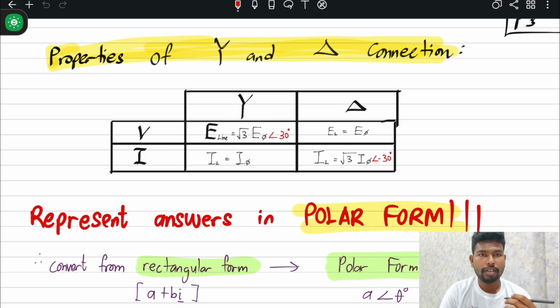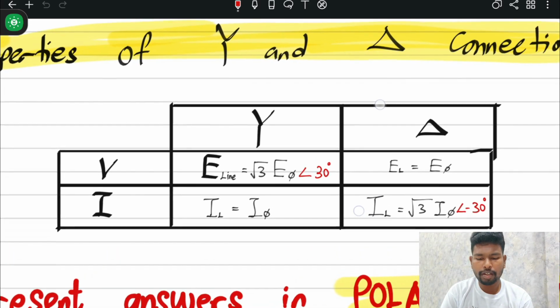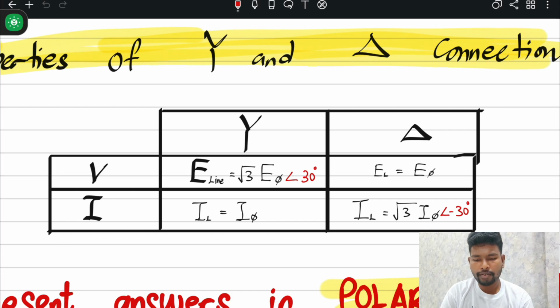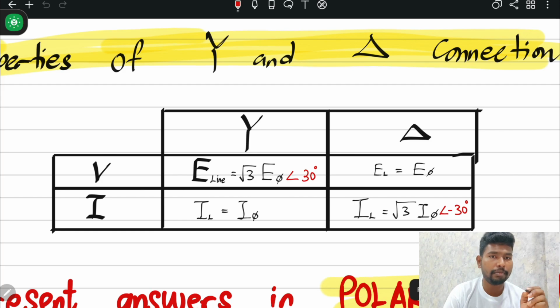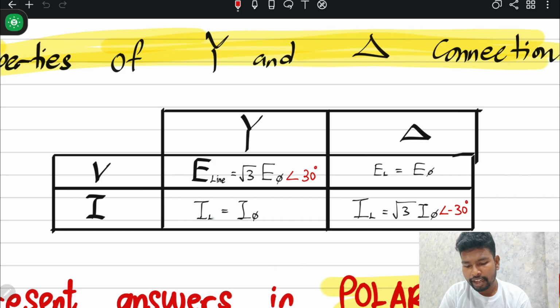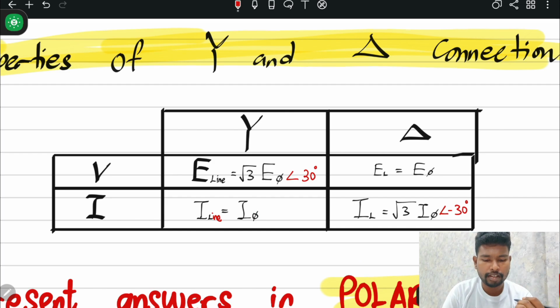Alright, so if we look here, look closely, for the Y connection or the star connection, the voltage E line is equal to square root of 3 times E phase with angle 30 degree. Current of line is equivalent to current of phase.